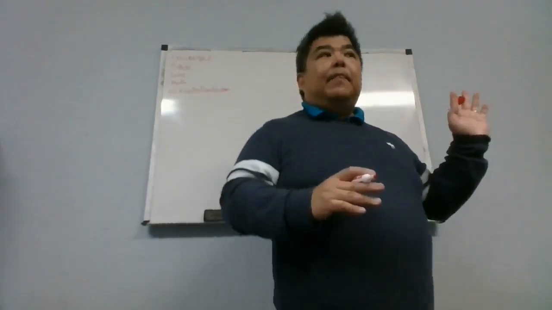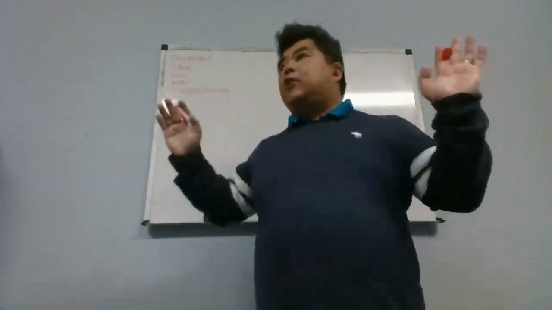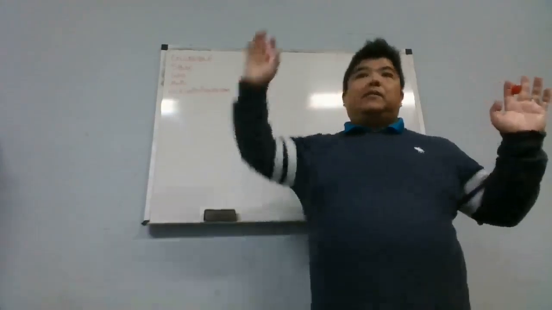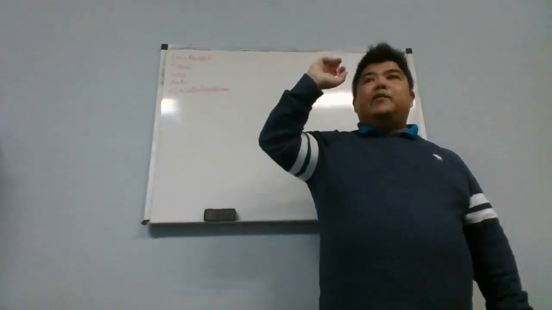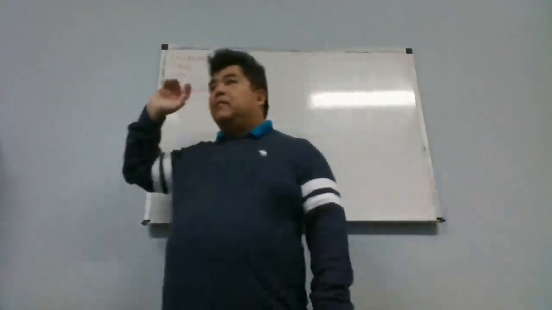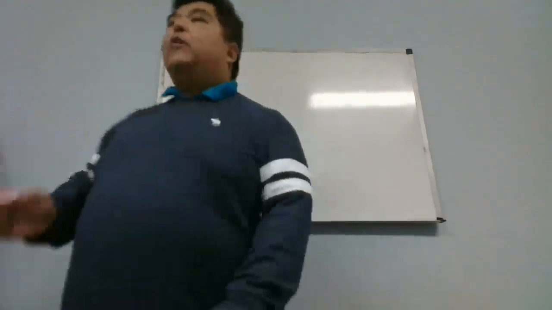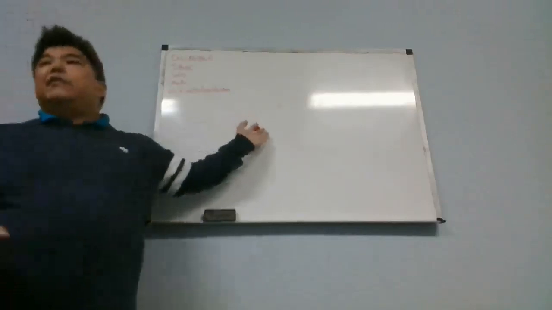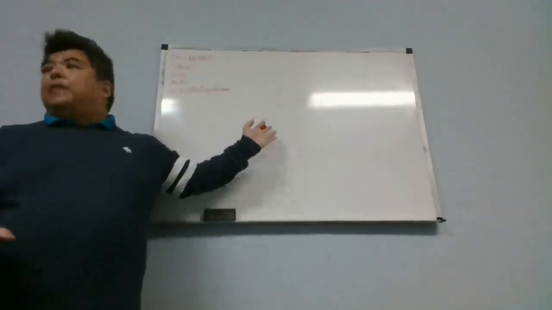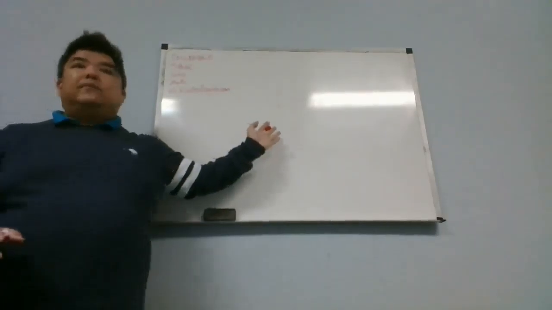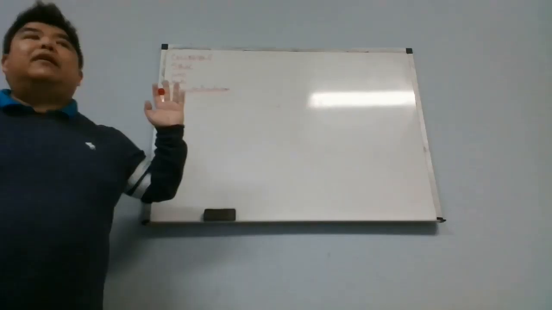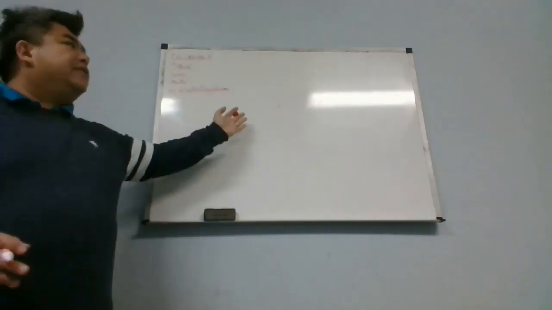How many of you guys have heard of the phrase coefficient? Andrew, what is it? Is it the number before the variable? That is correct. So what are the coefficients that we have here? There are coefficients in front of n.